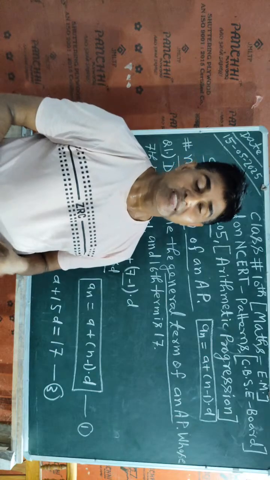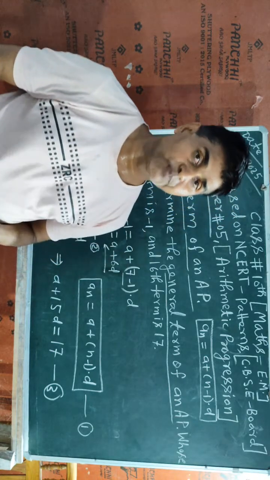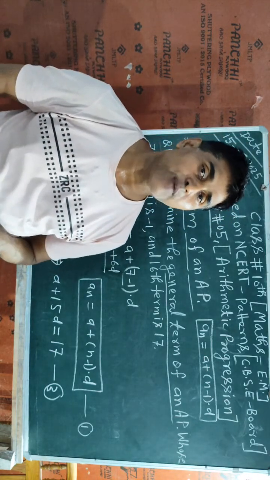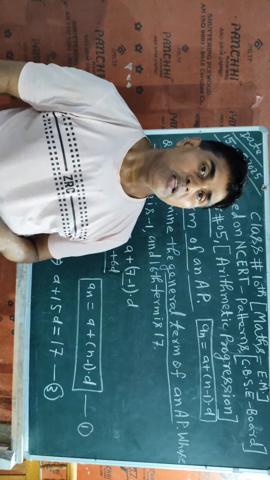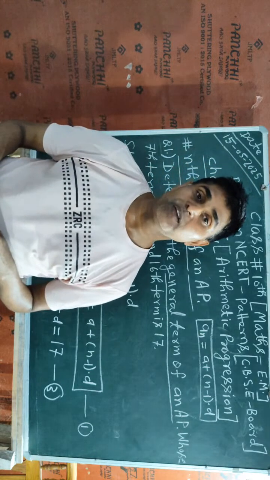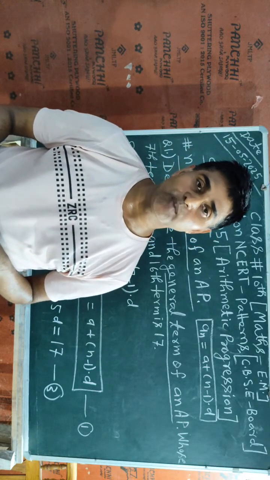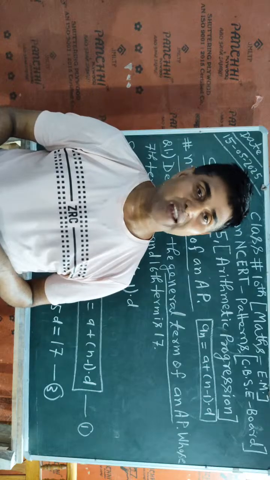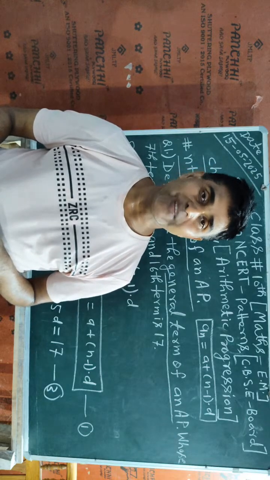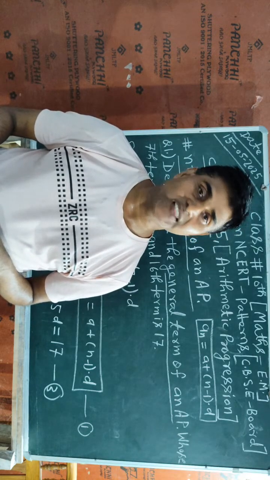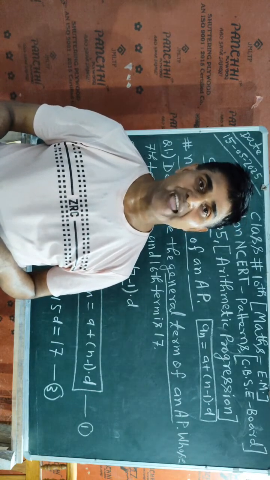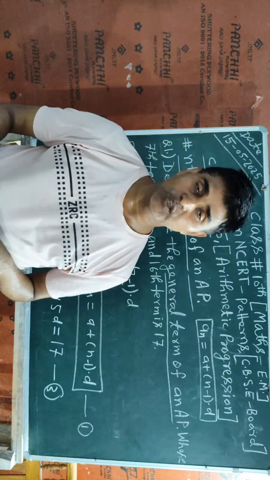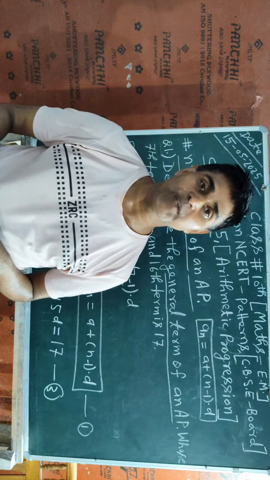There are two concepts, and both I have already explained in the chapter on pair of linear equations in two variables. One method is the elimination method and the other method is the substitution method. Both methods I have explained in theory and also solved some questions there.